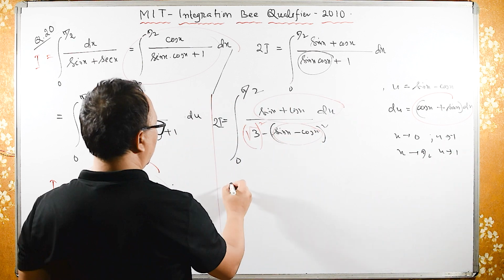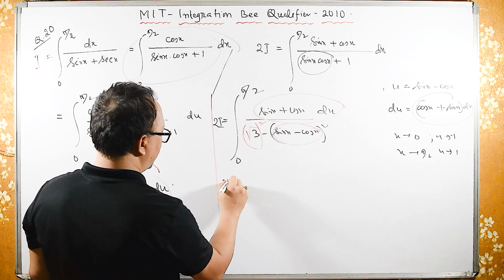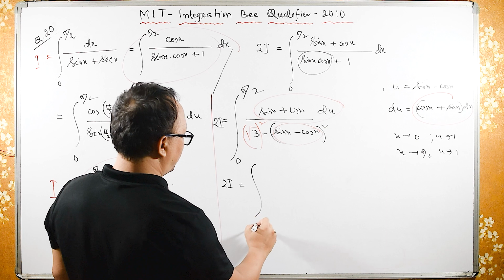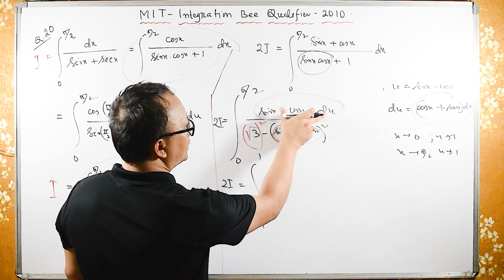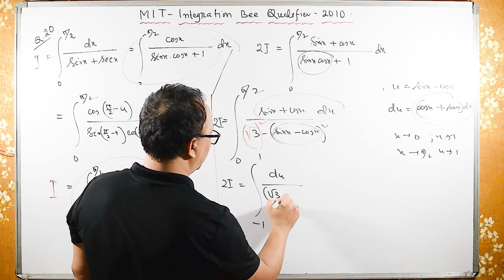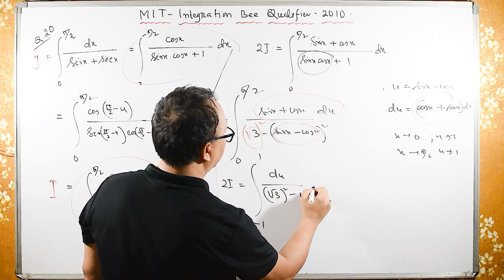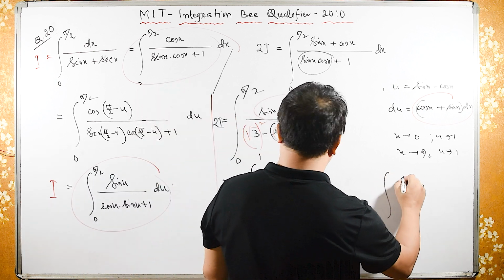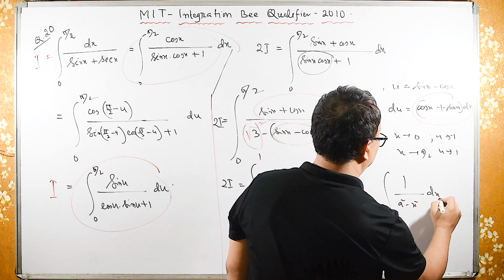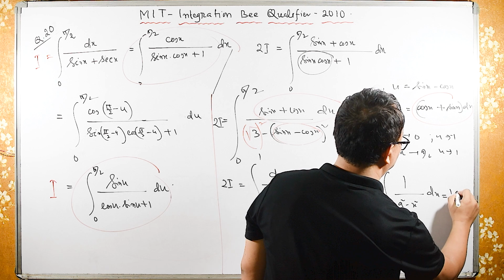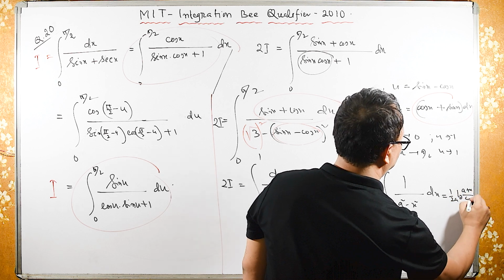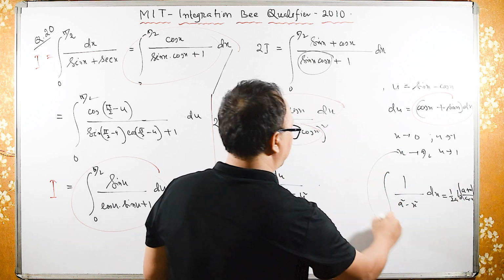So twice I equals integral from minus 1 to 1 of du upon square root of 3 the whole square minus u square. We have the formula integral 1 upon a square minus x square dx equals 1 by twice a log of a plus x upon a minus x.